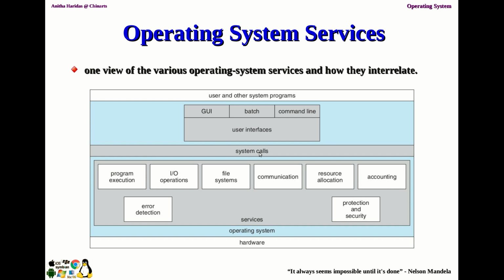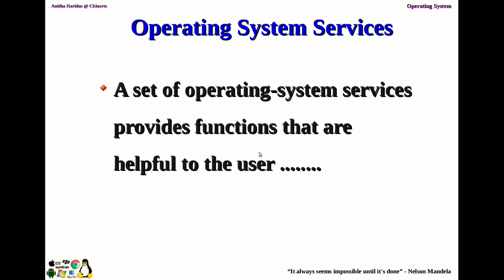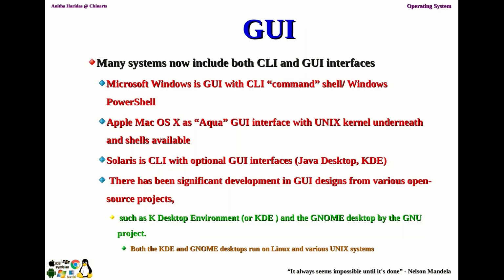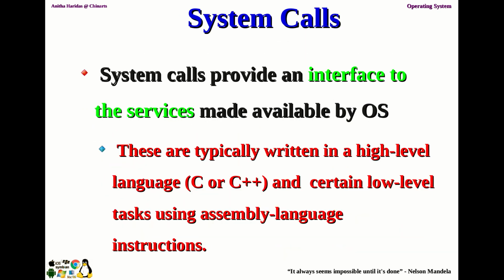So we should also understand what exactly a system call is. System calls are nothing but a kind of interface which provide the operating system services for the user program.